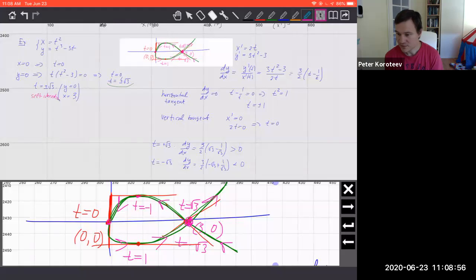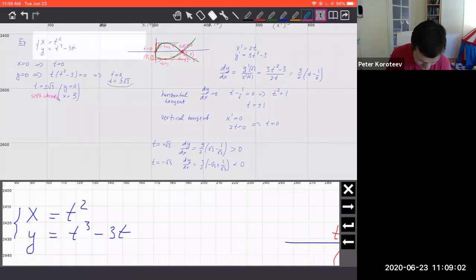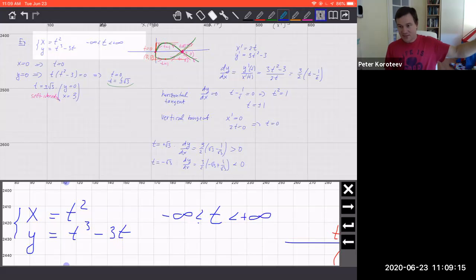Why can't the graph travel the other way around? Well, because that's not the way the function works. If you take this formula literally and say that t varies between minus infinity and plus infinity, you come from negative values to positive values, and that's what happens.